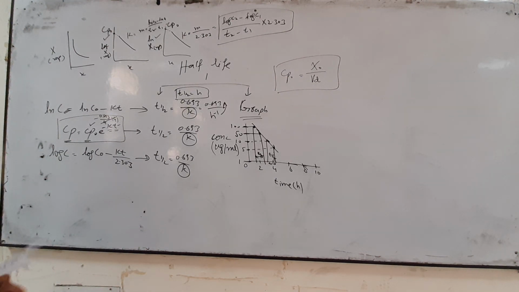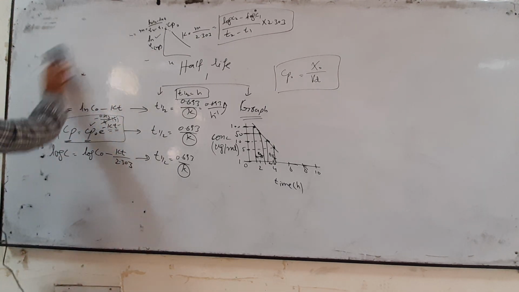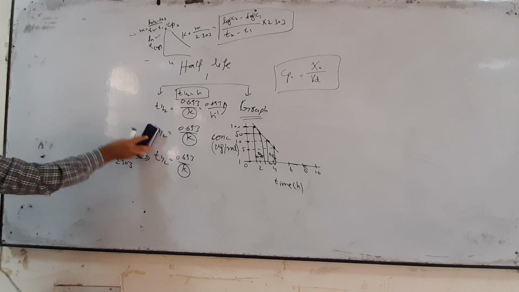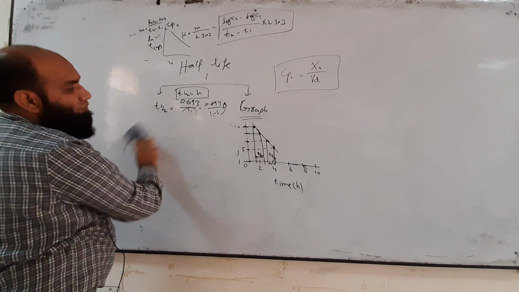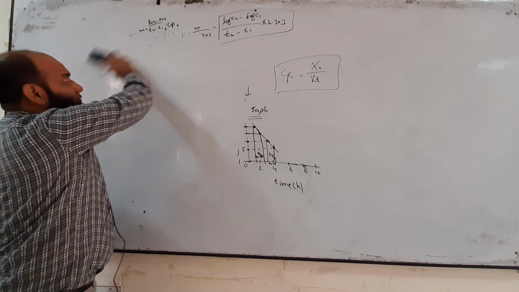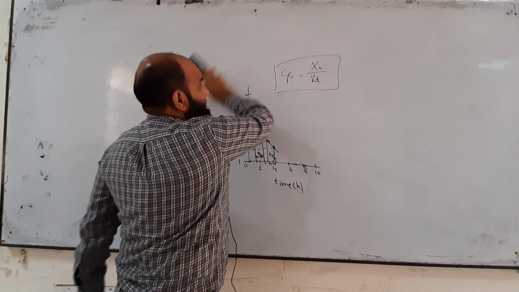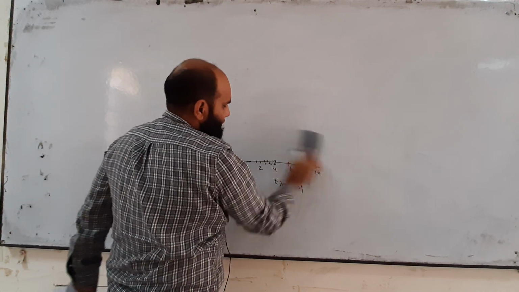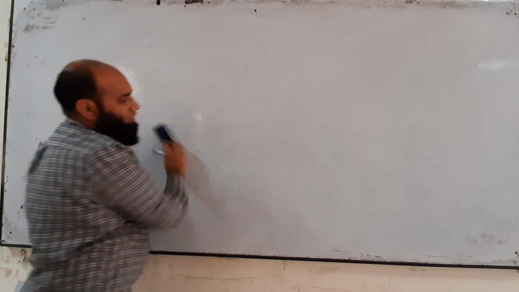Okay, we will take an example and then we will clear our concept of how the half-life differs. Metabolic half-life is different, absorption half-life is different, elimination half-life is different.